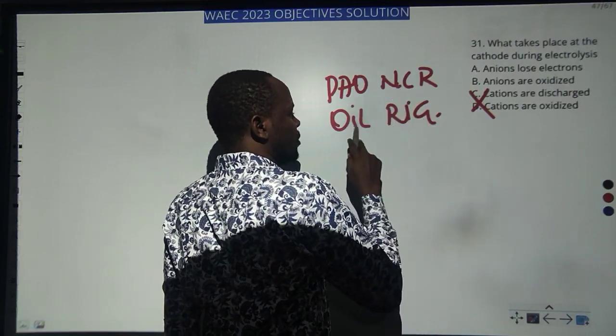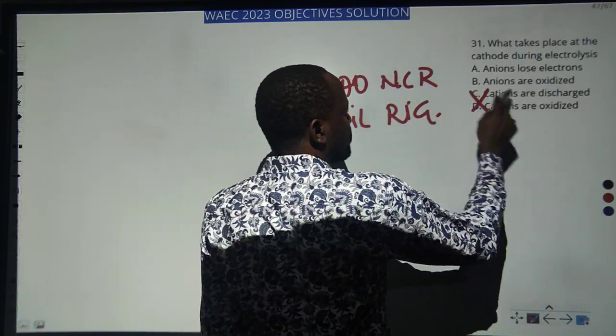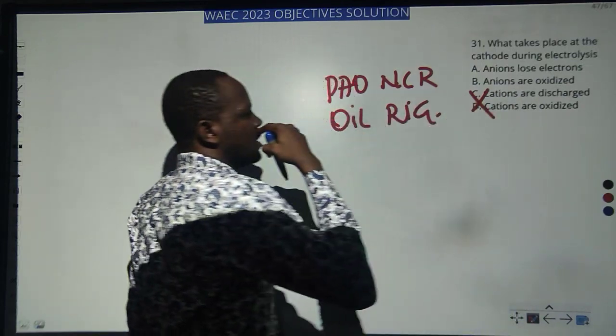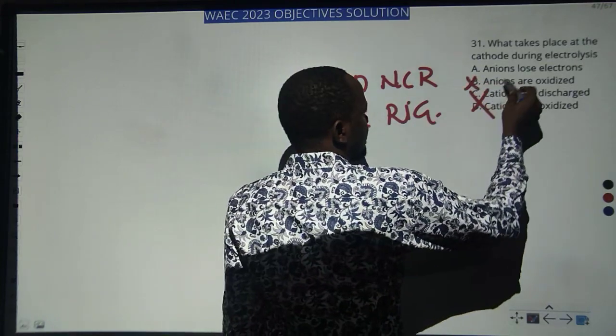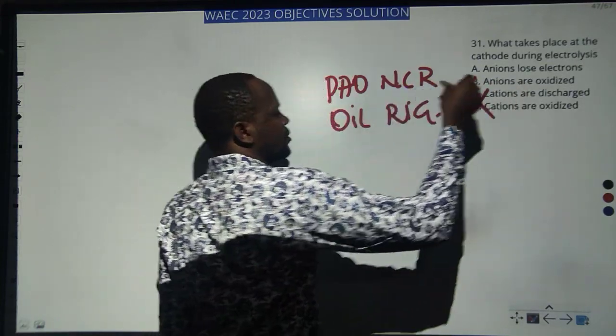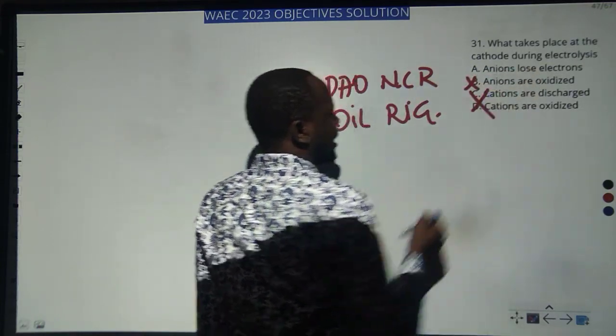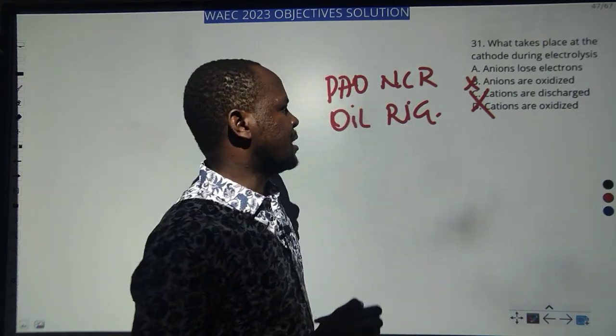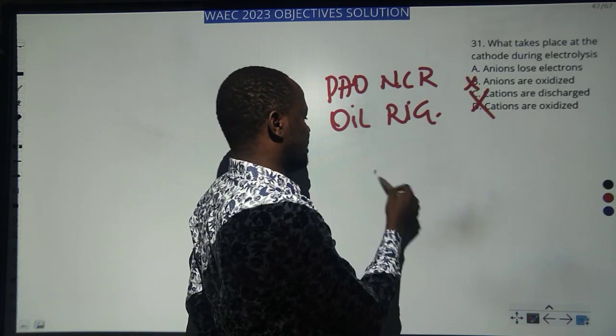So note that oxidation is loss. At the cathode reduction occurs, so we need to be careful. Anions are oxidized? No. Anions lose electrons. If you say anions lose electrons, does that make sense? Let's take an example.